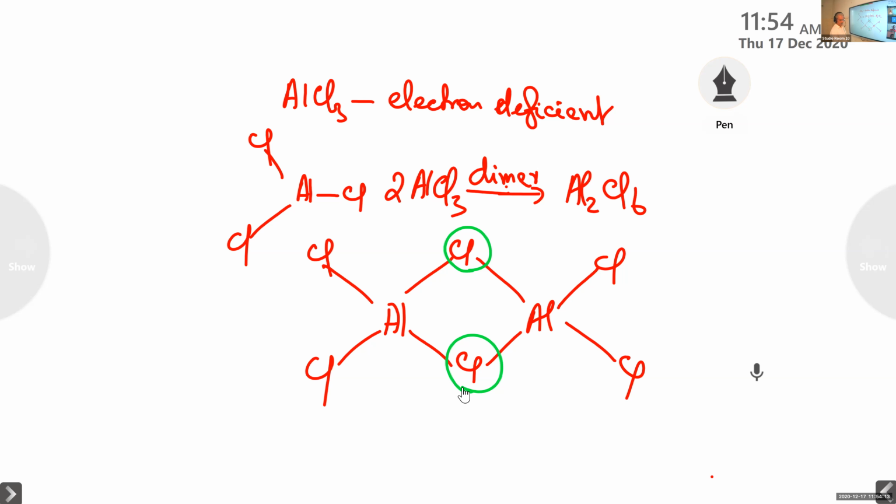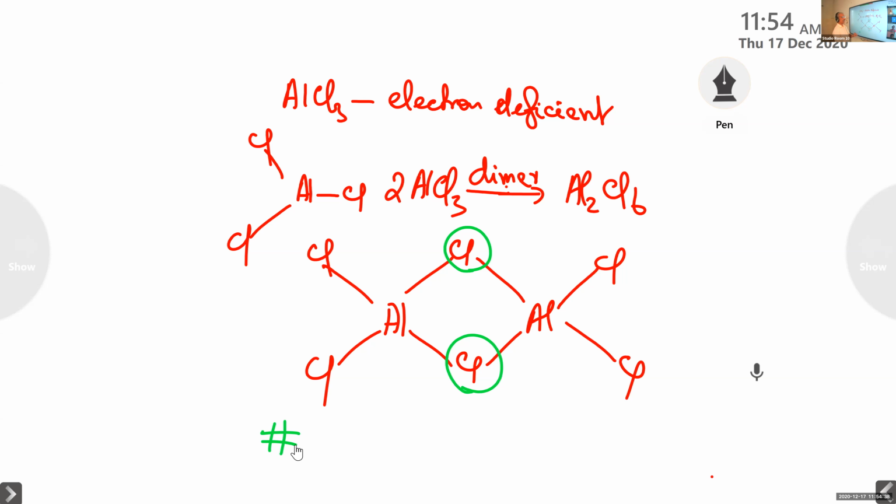Now think of the reactivity of aluminum. We know aluminum is a highly reactive metal, no doubt. But it is not much corroded; it is resistant to corrosion. Why?